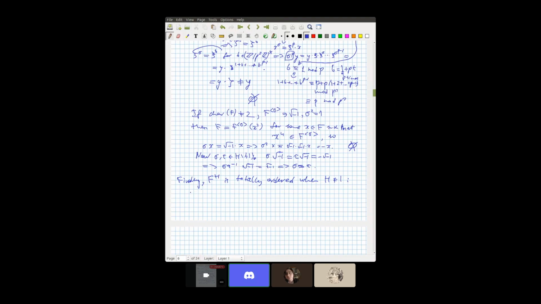Namely, we say that x is greater than or equal to y if x minus y is a square in the fixed field.